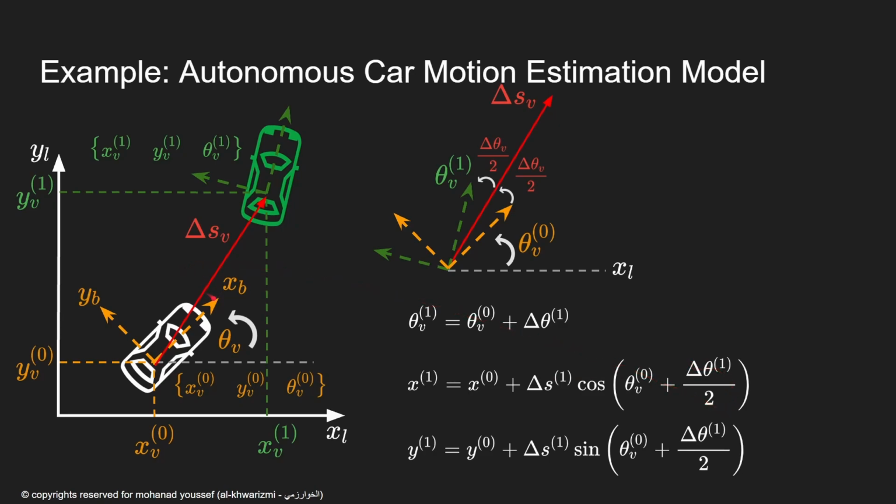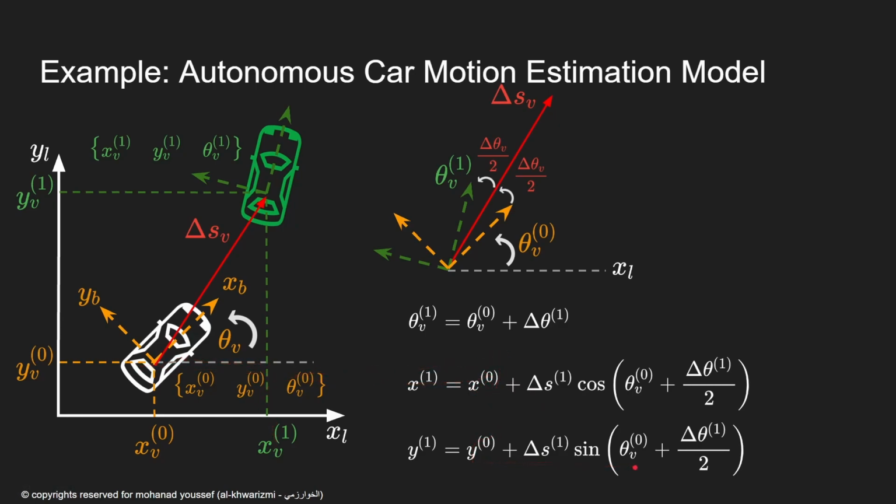So this angle plus this angle will give you this whole angle, and cosine of this angle will give you this distance here. So this term will evaluate to this distance, and when you add it to the initial position, you come up with the new x here.